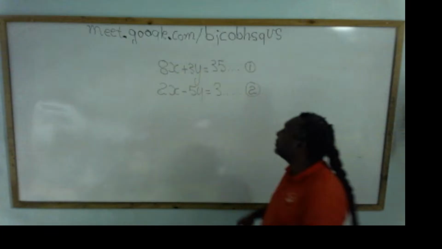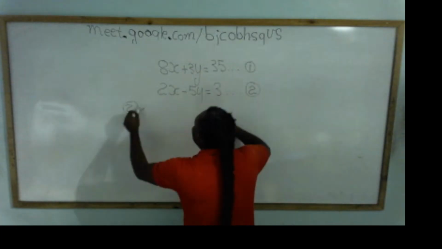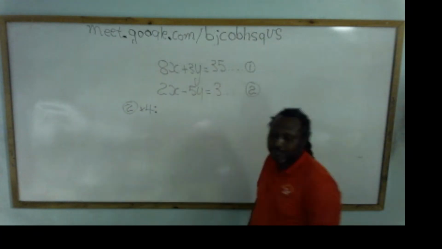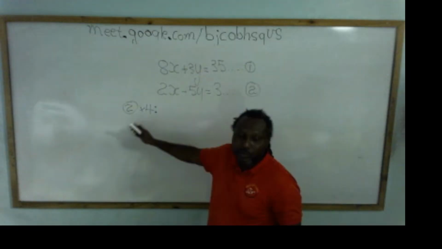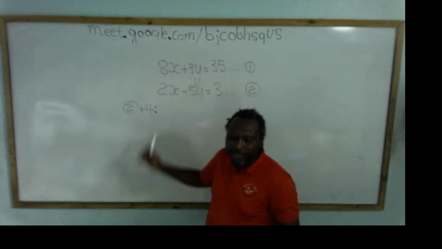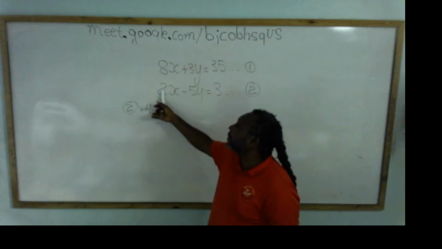So let's go. We are going to take equation 2 alone. So take equation 2 by 4 and we get what? If you are going to take equation 2 and multiply by 4, why is it that this is an acceptable thing?